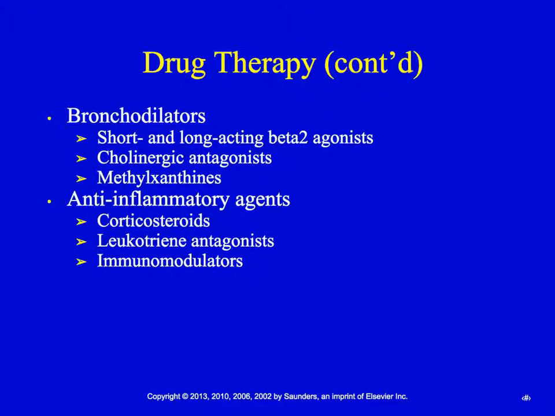They feel like the best maintenance therapy for somebody with asthma is the combo drugs that bronchodilate, the long-acting bronchodilator, along with the anti-inflammatory agent. Your leukotriene antagonist is a drug such as Singulair, also known as montelukast, and what it does is decrease that inflammatory response related to an allergic reaction.